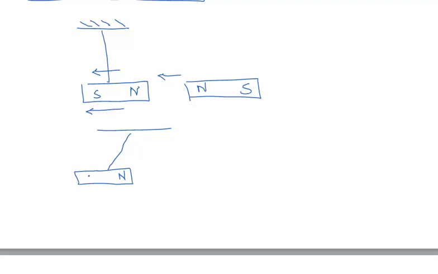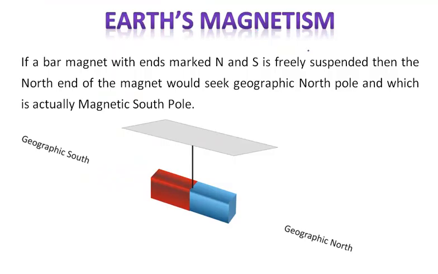This will be north, this is south. Because of repulsion, it has shifted. So there will be repulsion because like poles repel each other.